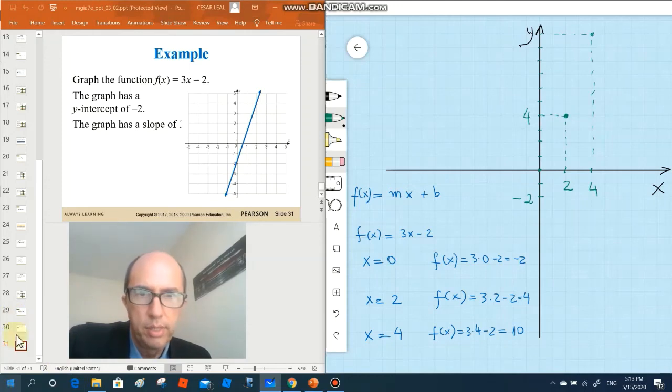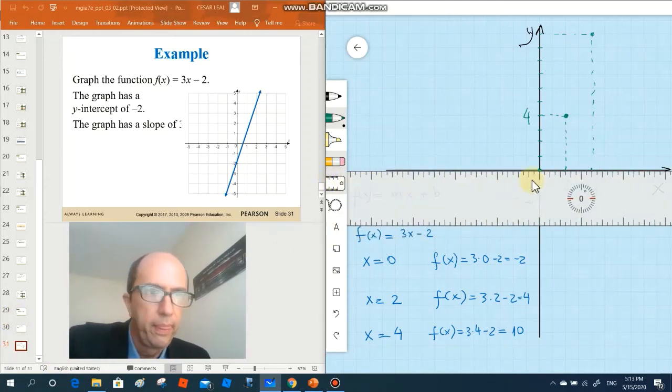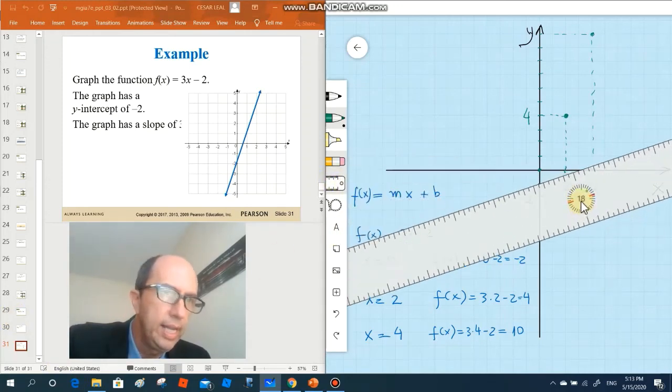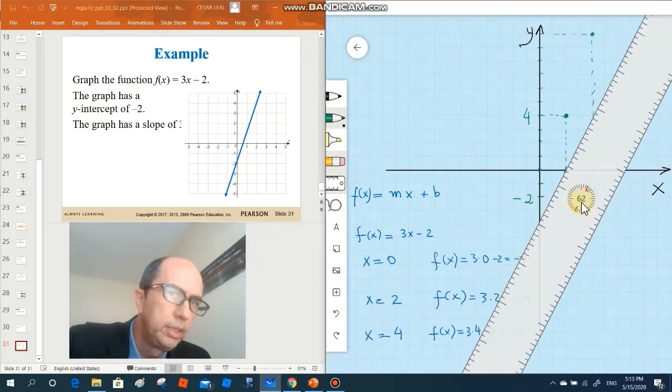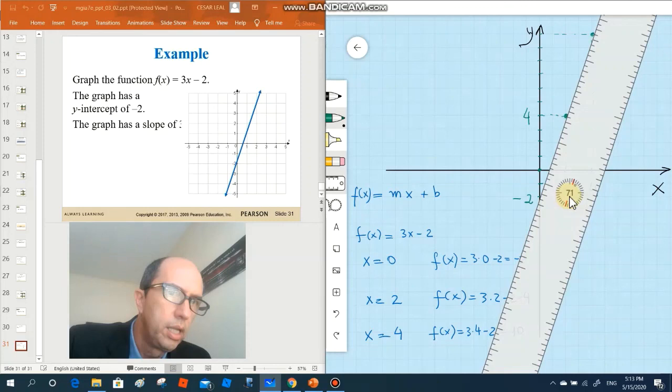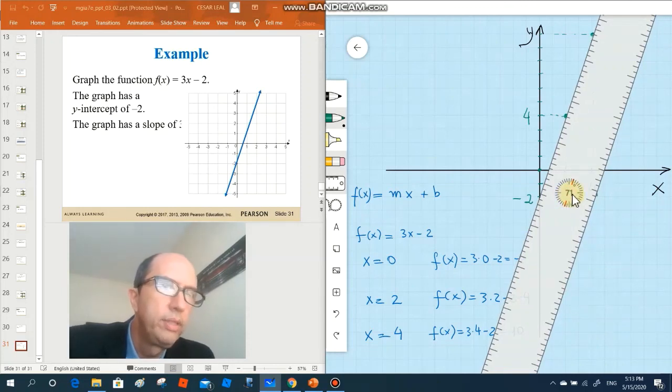Let's get the ruler and align the ruler with these 3 points. And then we can graph the function.